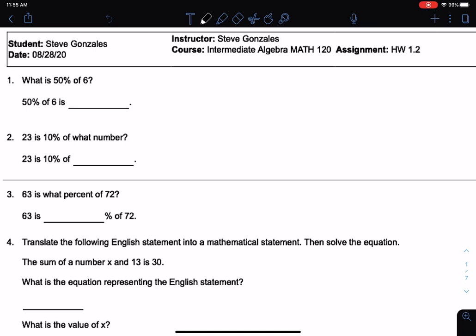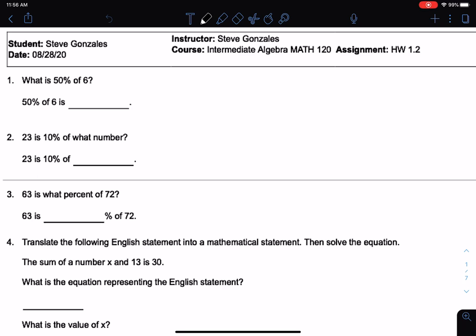Typically, I don't like the idea of translating by saying when you see an "is," you put an equals, when you see an "of," you put a multiply, when you see a "what," you put an x. I don't really like that style of translating into math, but it actually is easy and simple with these specific types of problems.